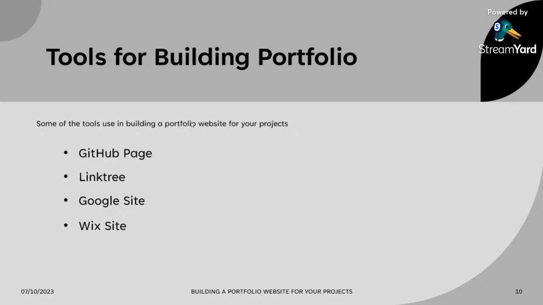Then we have Wix sites and WordPress, etc. There are many of them across the internet, but all the ones listed here are free and very easy to use to set up your portfolio. I'll be showing you some examples of portfolios built by data professionals here in our Data Nigeria community using some of these pages.